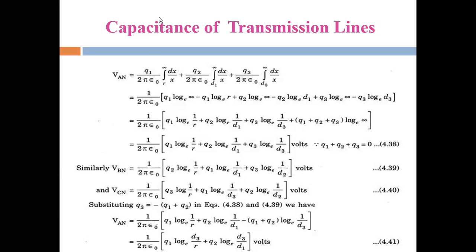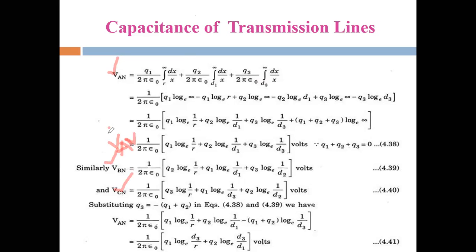Okay, these are the formulas for the potential difference across the conductors, that is the VAN, VBN and also VCN. This is the final formulas for the three-phase overhead transmission line.